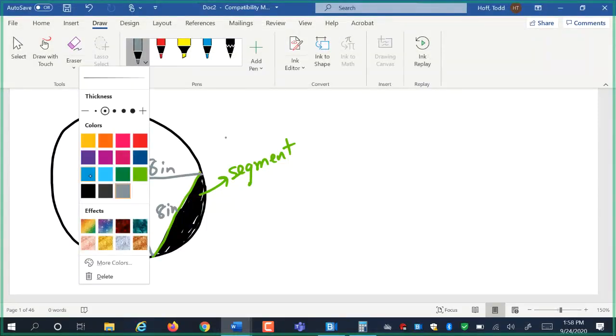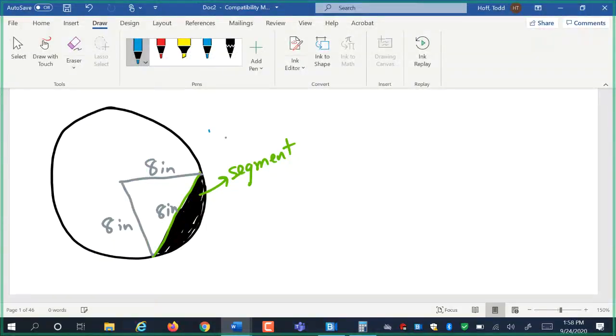The reason that's important is knowing that that segment is 8 inches tells us that what we have here is an equilateral triangle. One of the facts about an equilateral triangle is all of the angles are 60 degrees. The important one for us is this one right here. That angle is 60 degrees.